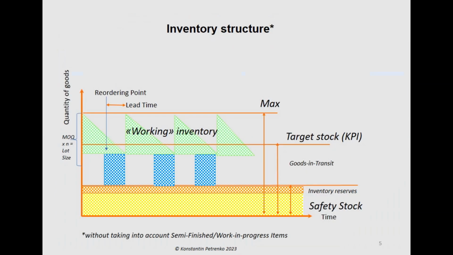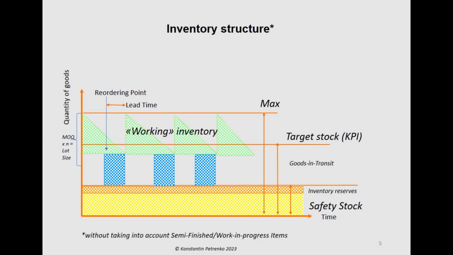Let's talk now about inventory structure. As a routine, you get ordered lot size delivery and evenly consume, sell it. At some time you place a next purchase order, goods in transit, to your vendor, and after some lead time, a new lot arrives at your warehouse to top up your actual, or working, stock.